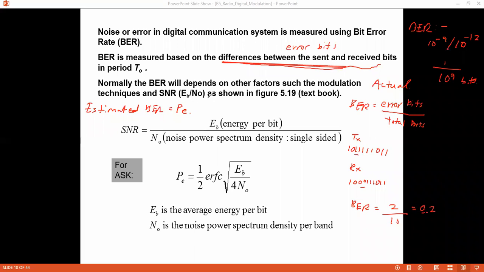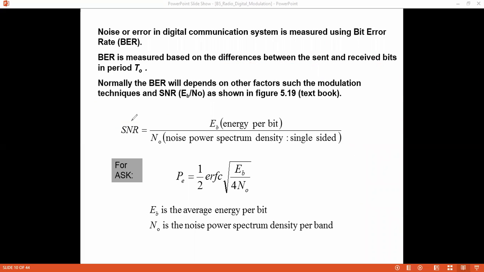Apart from the modulation technique, it also depends on the SNR. Given the SNR, we can estimate our bit error rate, and this SNR depends on the energy per bit and the single-sided noise power spectral density.